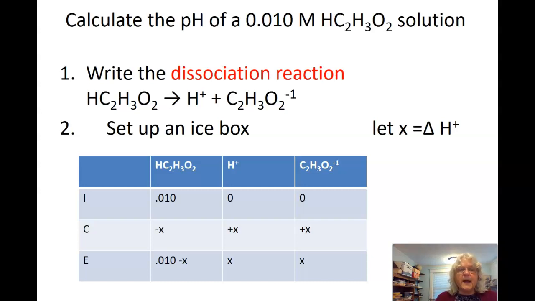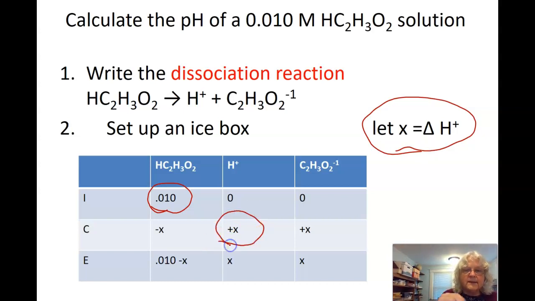In my ICE box, I've started with my starting concentration of the acid as my initial. I assume that the hydrogen and the acetate are 0 to start with. And then, as we did before in Chapter 15, I'm going to let X equal the change in the hydrogen ion concentration. So I filled that into my ICE box.